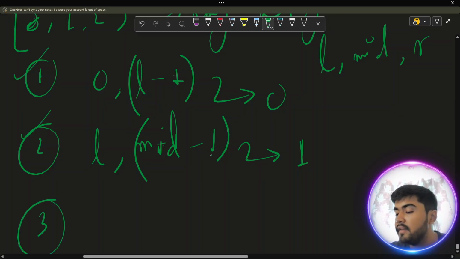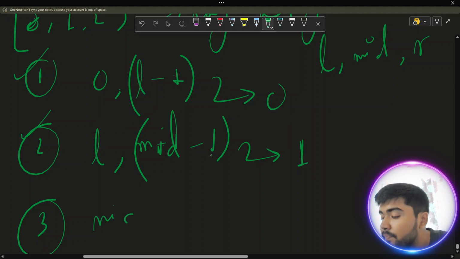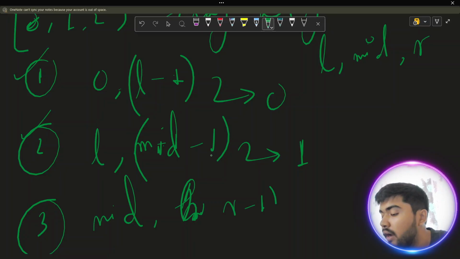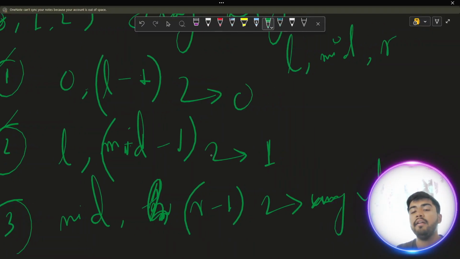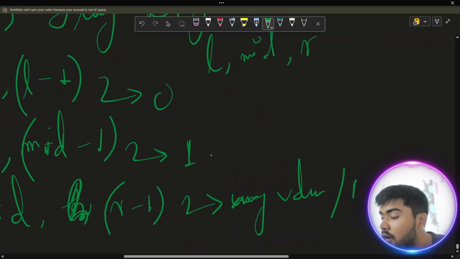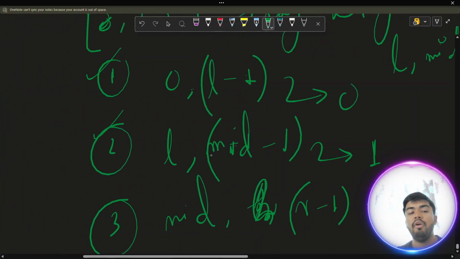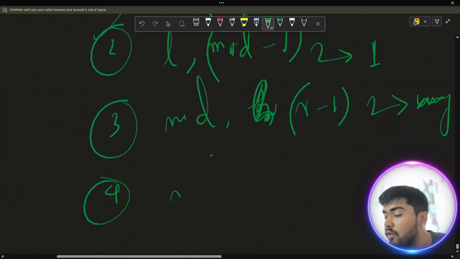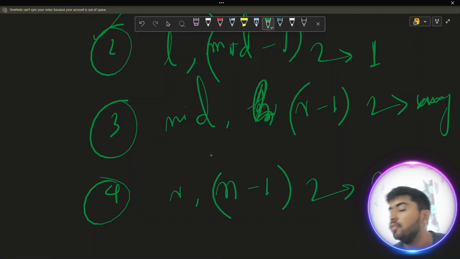Now the third point: mid to high minus 1 can hold any value, they are not sorted yet. And the fourth point is that high to n minus 1 all hold the value 2. So these are the 4 rules.